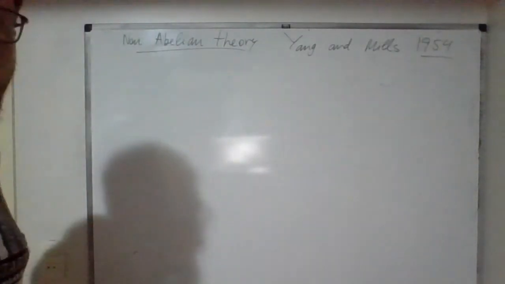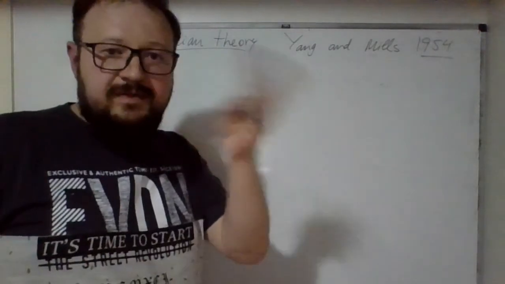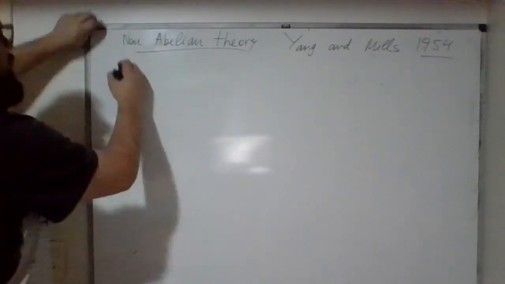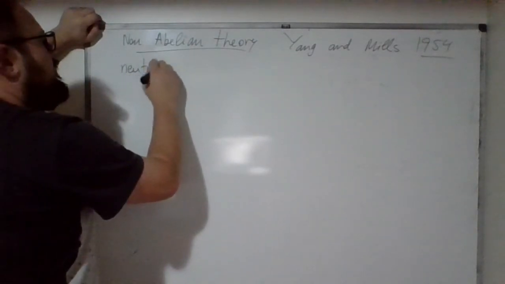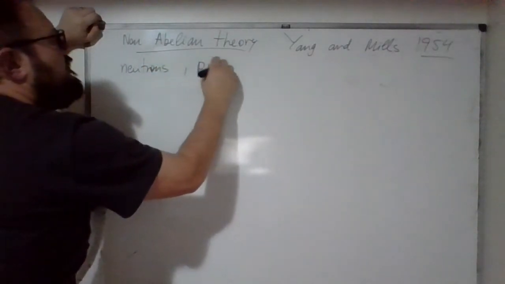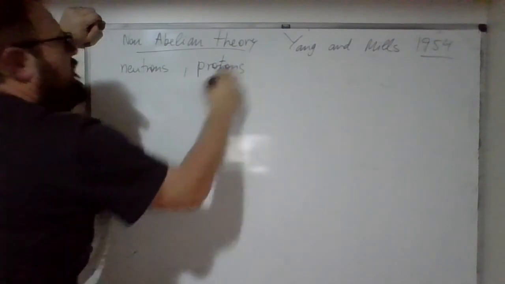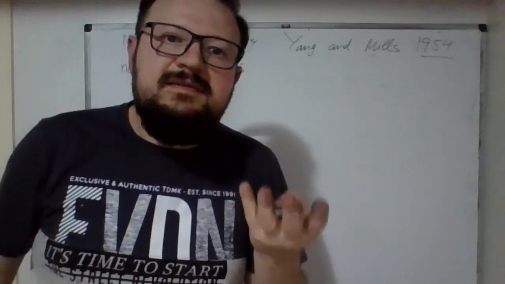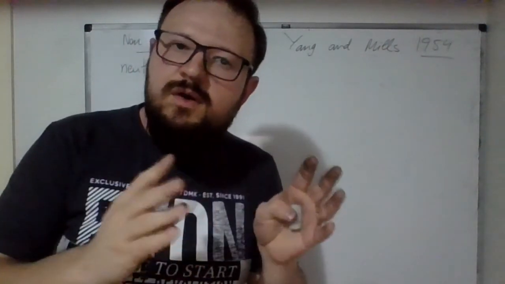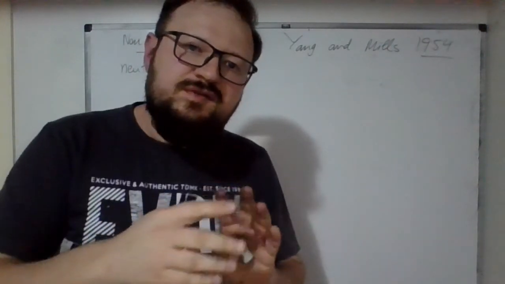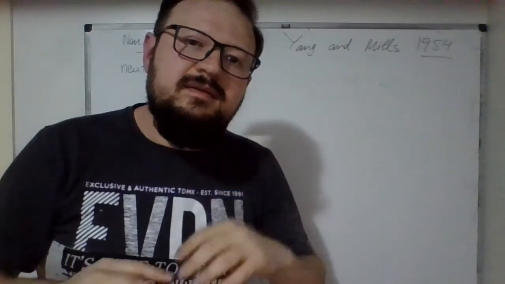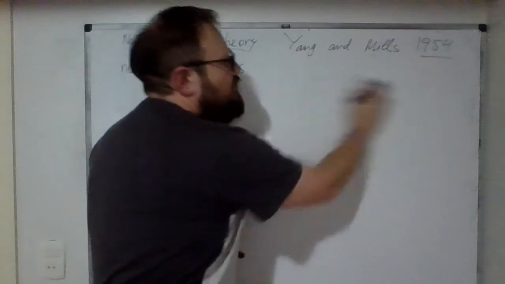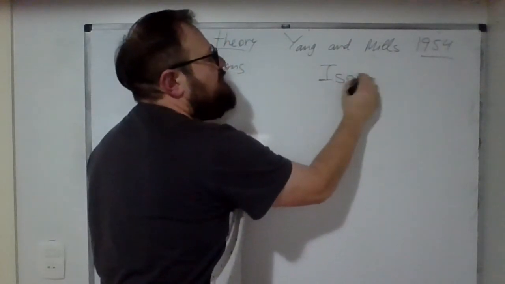All right, and Young and Mills thought that the nucleons, which are neutrons and protons, just for you to see that the general rules for rotations can be used in some abstract space, which is usually called isospace.